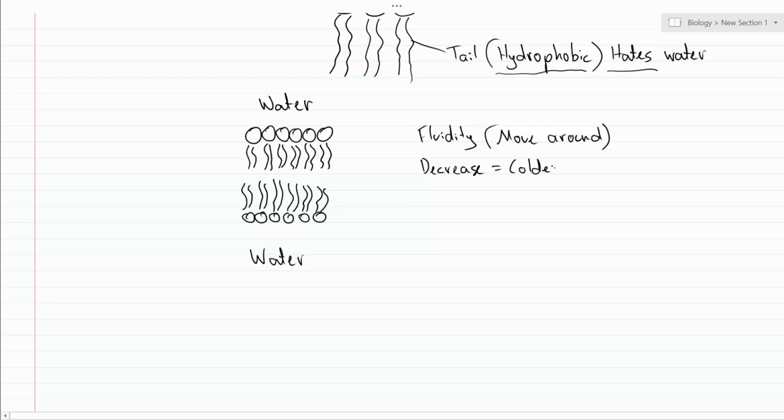So movement will reduce when things are colder, and movement will increase when things are warmer. In colder temperatures the phospholipids will pack more tightly, and there'll be less fluidity in movement, and in warmer temperatures there'll be more fluidity in movement, so they'll be less tightly packed.